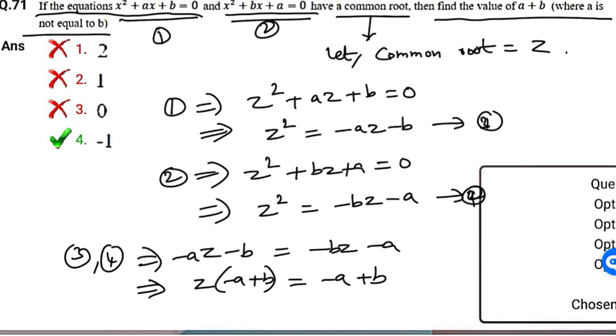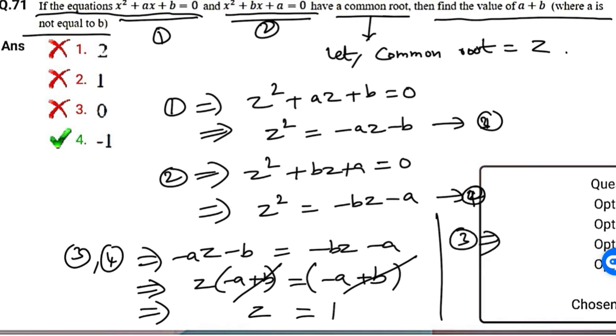Here minus a plus b and minus a plus b get cancelled and z is equal to 1. Let's substitute in equation 3. So 1 square is equal to minus a into 1 minus b, which implies a plus b is equal to minus 1.